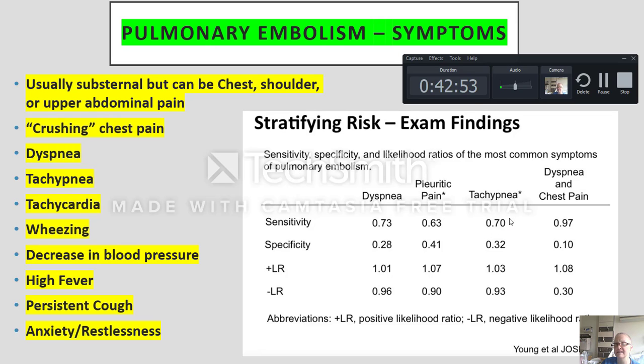So sensitivity is the likelihood that someone who tests positive will have the problem. So if someone has slow breathing or fast breathing, they're pretty much both going to have the same risk of having a pulmonary embolism. Now, I don't remember what positive LR is. I'm not real good with the likelihoods. I need to kind of brush up on that, I guess.